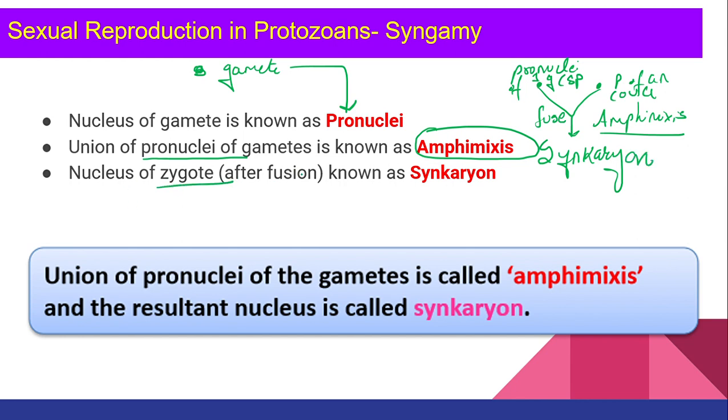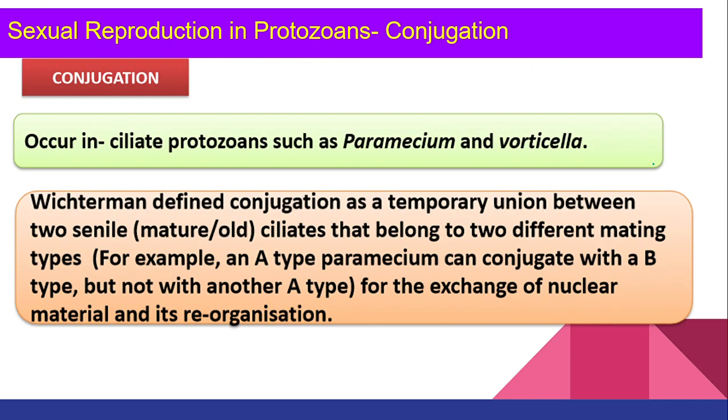So the nucleus of the zygote, how was it formed? After fusion. Repeating myself again: two pronuclei are there, they are going to fuse together. This process of fusion we call amphimixis, and after fusion the thing which is formed, we call it synkaryon. Synkaryon, right?